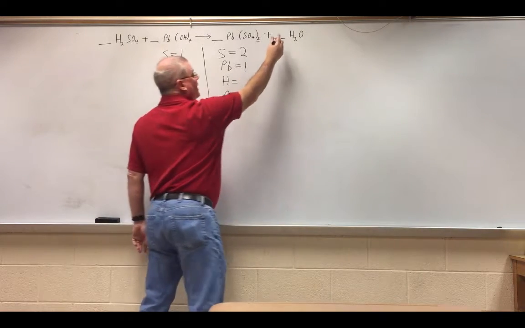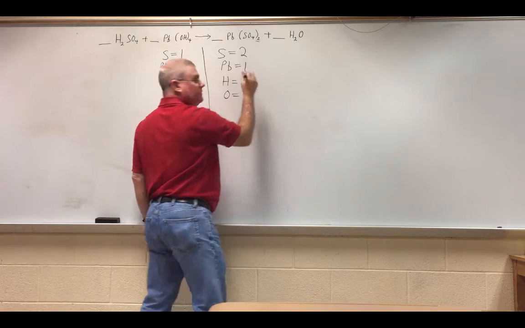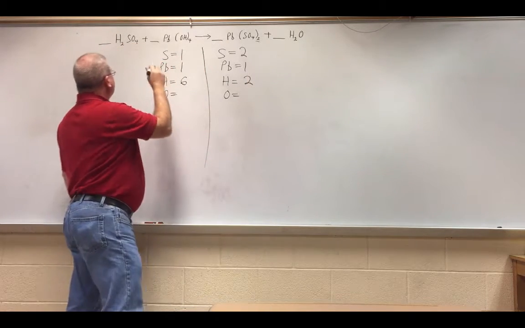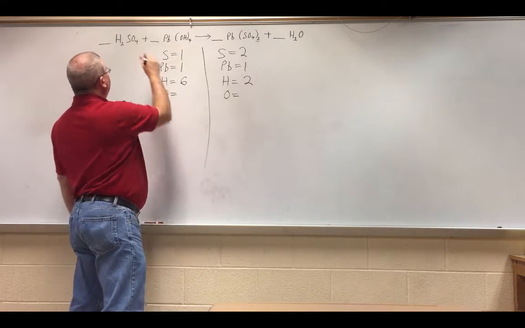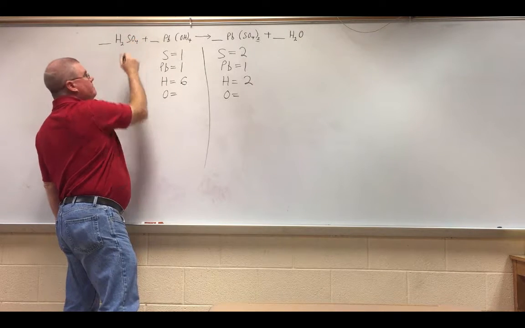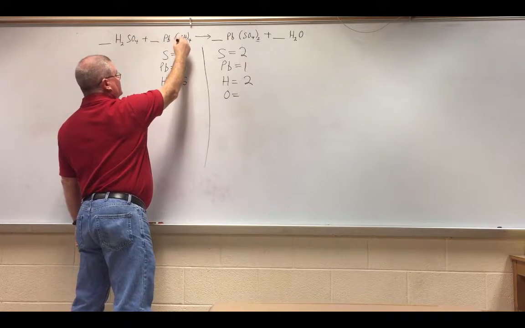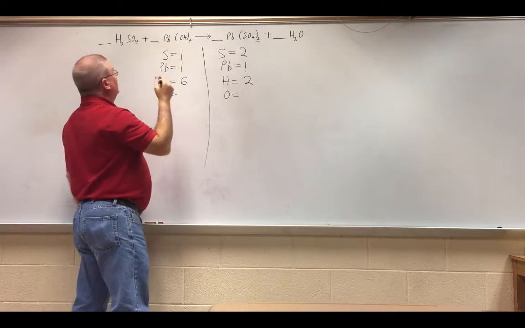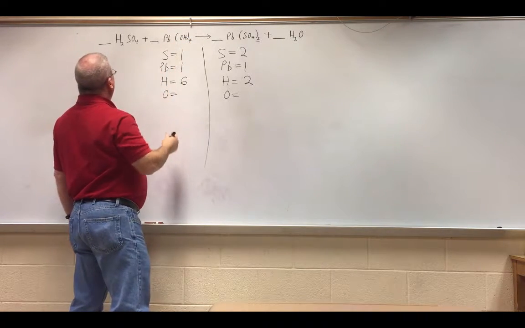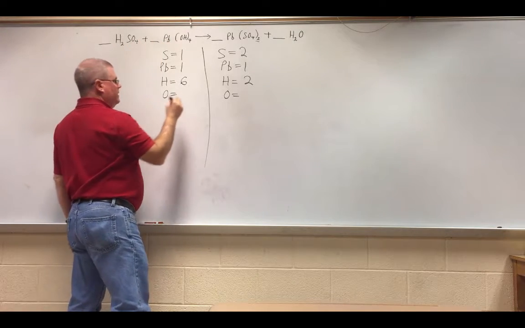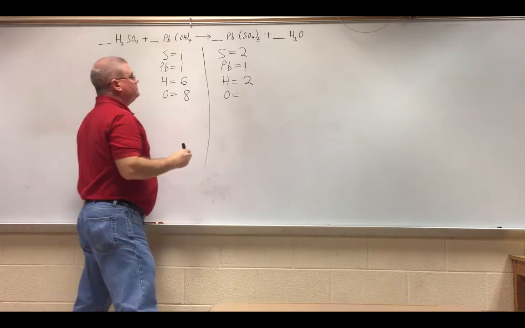Over here, we have 2 hydrogens in that place. Oxygens, we have 4 over here. That's understood 1 inside the parentheses, so 1 times 4 is 4. So 4 plus 4 equals 8.